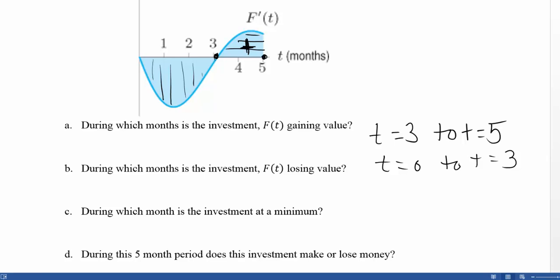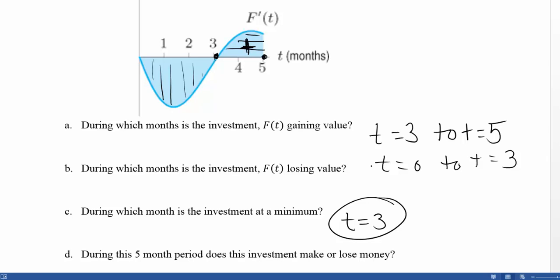So we can use the information that we looked at in a previous section about critical points, and we can see that at month equals 3, our derivative changes from negative to positive. If we change from negative to positive, our investment was decreasing and then increasing, which makes that month a minimum. So in month 3, our value was at a minimum for this investment because we had lost all this money, but then in month 3, we turned around and we started gaining some.